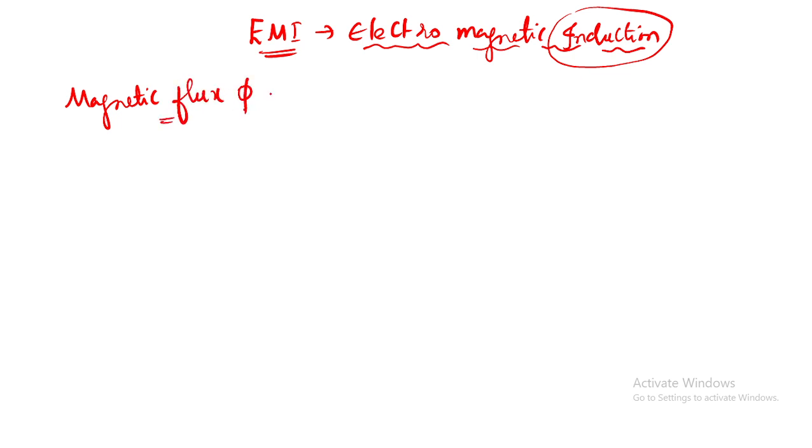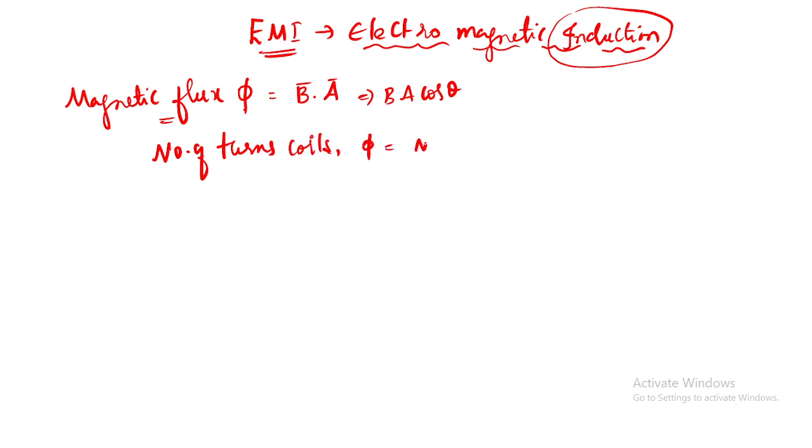So what is magnetic flux? It is B dot A, which I can write as BA cos theta. But if I have a number of turns in the coil, then this formula will become flux is equal to NBA cos theta, right?